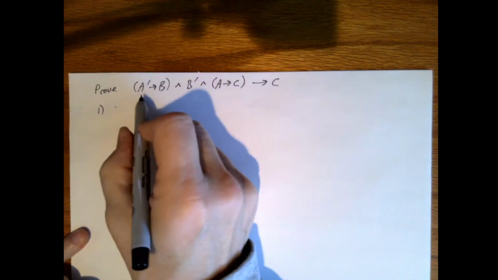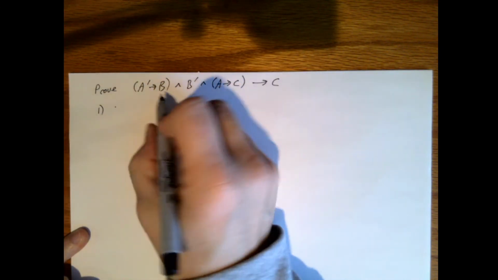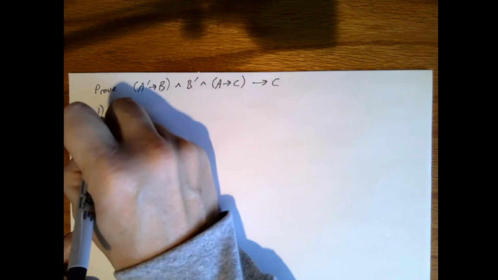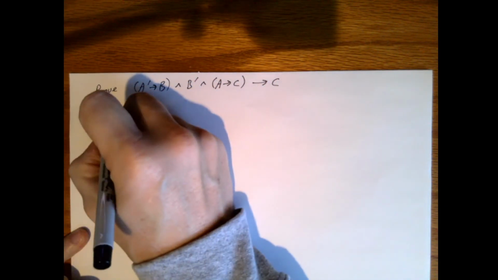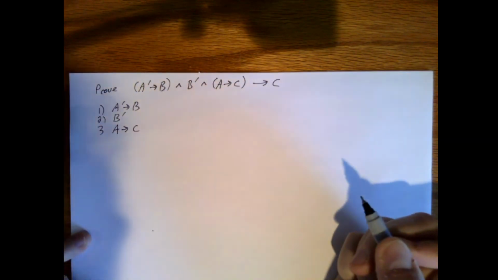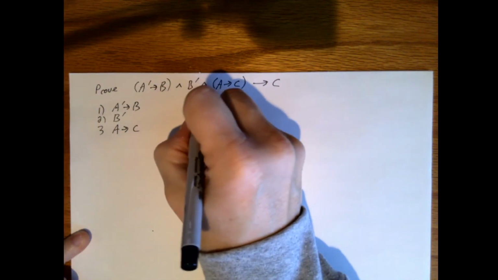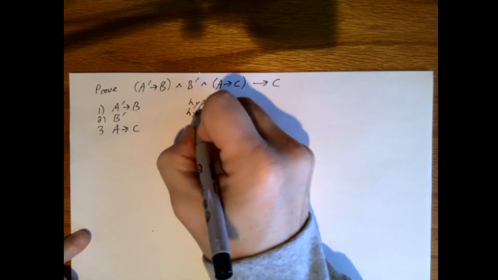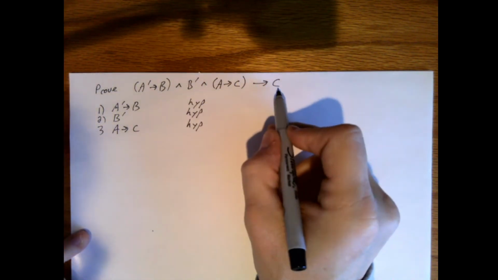So I'm going to start by writing my hypotheses: this and this and this. So I have three things here: A not implies B, B not, A implies C. Think about what I said earlier. We'll write these down here. Hypotheses are given. My conclusion is C.